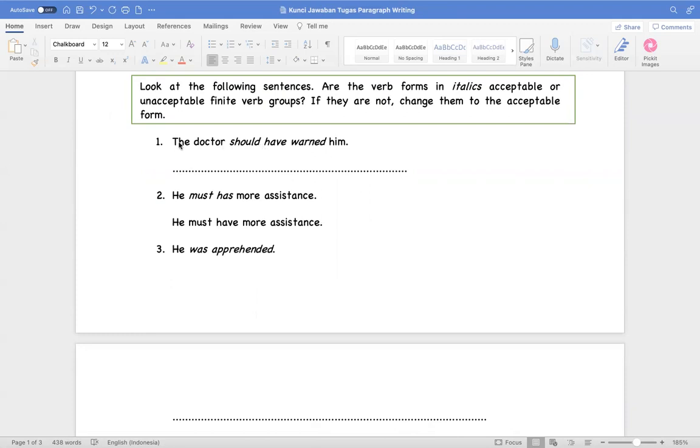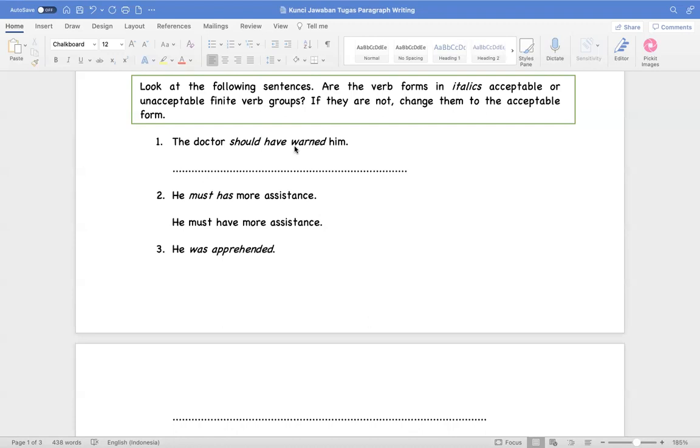So we have the doctor as the subject, and then should have warned him. There is no mistake here because modals, should, could, must, have, must always be followed by verb 1. Jadi models itu semua harus diikuti verb 1.